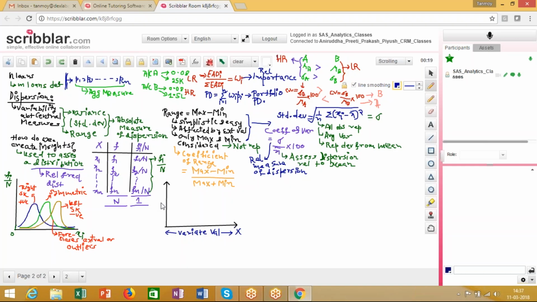On the second axis, what we have is the relative frequency.